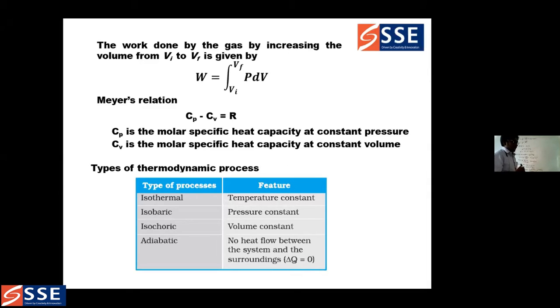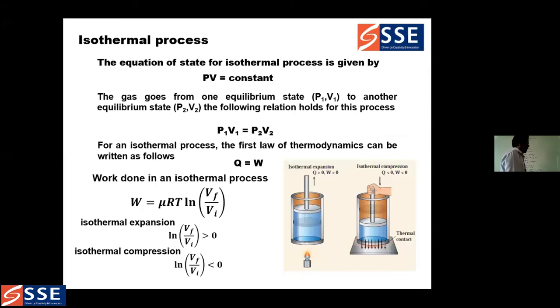So that is adiabatic. What are the differences between isothermal, isobaric, isochoric, and adiabatic? We will see. In isothermal, the temperature is maintained constant, which means PV is equal to nRT.